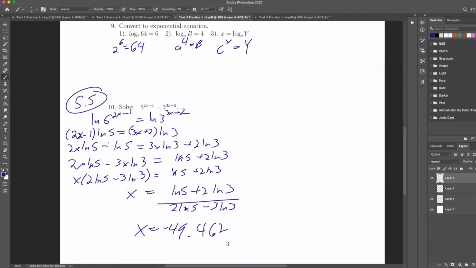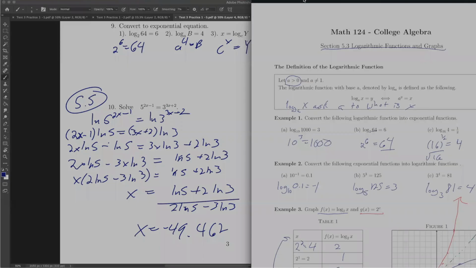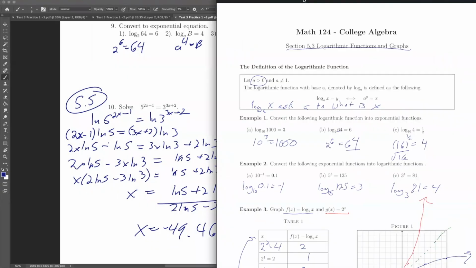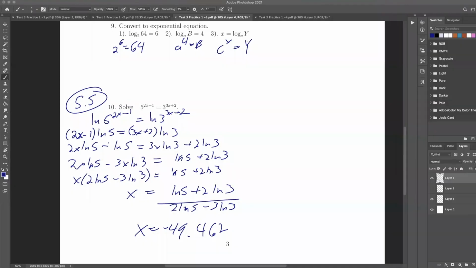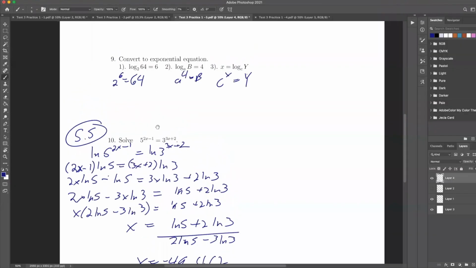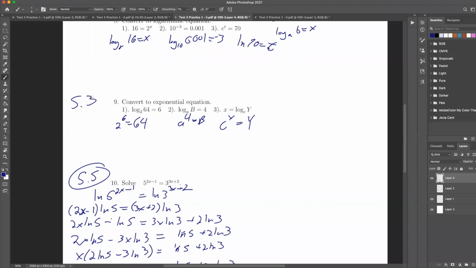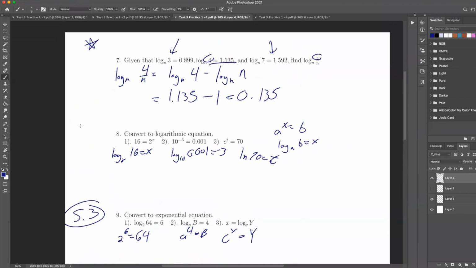I think it's 5.3. Yes, so 5.3 is where we do the converting from log to equations and back again. Okay, so that's 5.3. So let's go here. This is 5.3. This is 5.3. This is your log rules, so that'd be 5.4.